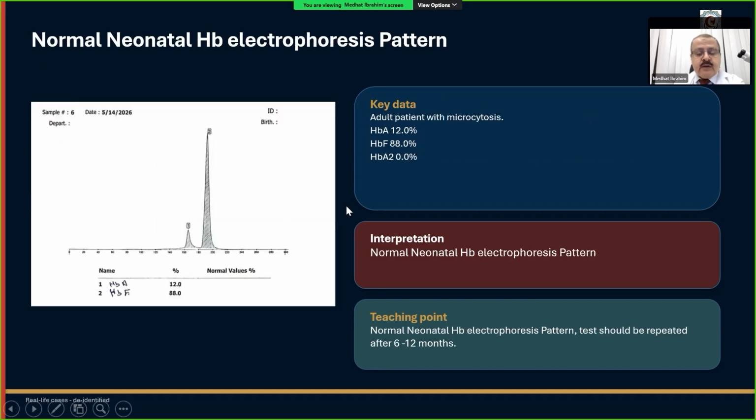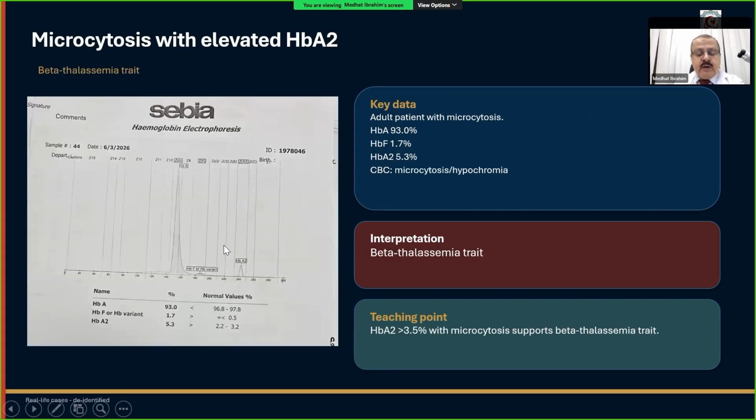Right, and this is the neonate. I am just giving you a hint here. Hemoglobin A is 12%, and hemoglobin F, as you might expect, 88%. And sorry, this is a mistake. There is no A2. So this is just a normal hemoglobin electrophoresis pattern for a neonate.